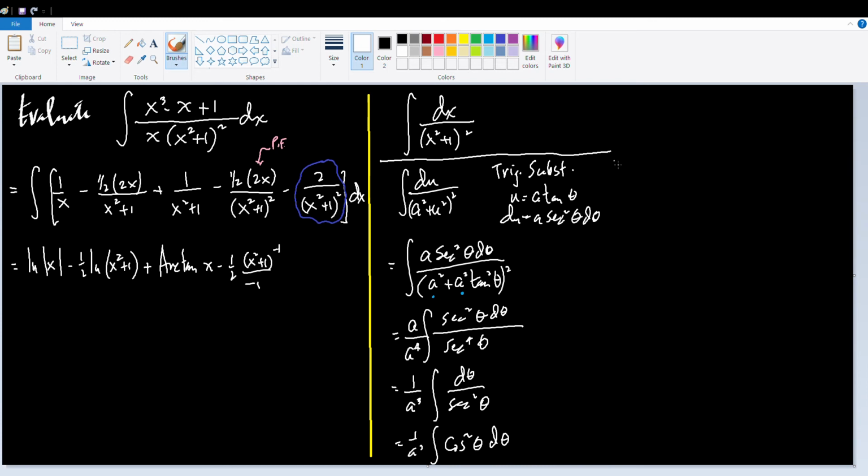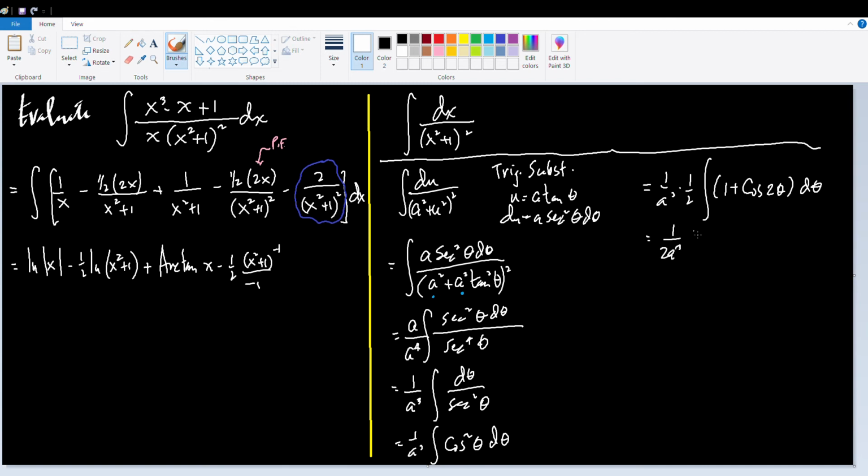So we continue. 1 over a cubed, cosine squared theta falls under case 2 for powers of sine and cosine. So we apply the identity 1/2 times 1 plus cosine of twice the angle, 2 theta, d theta. So 1 over 2a cubed.